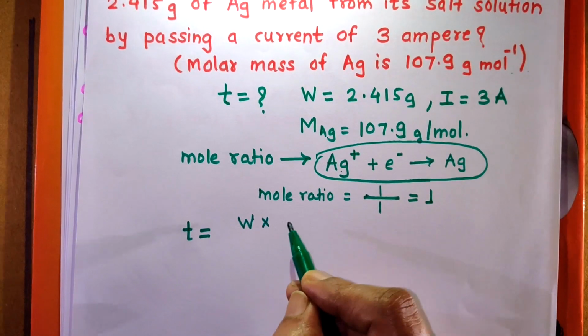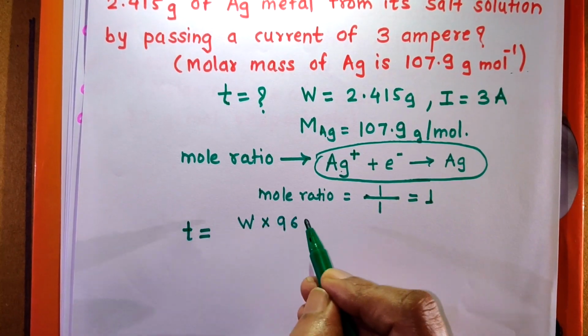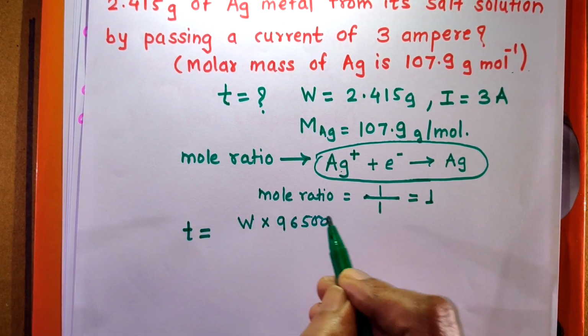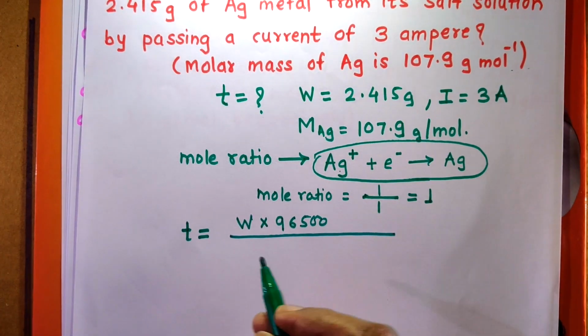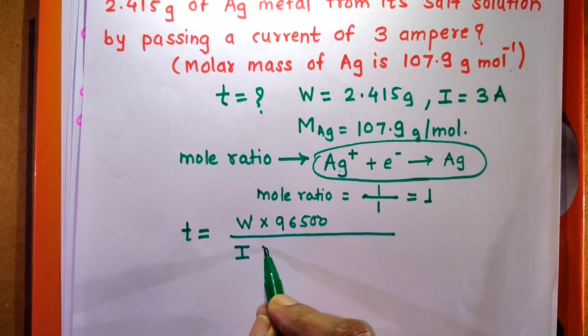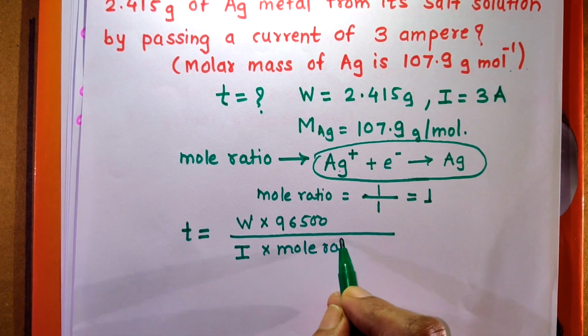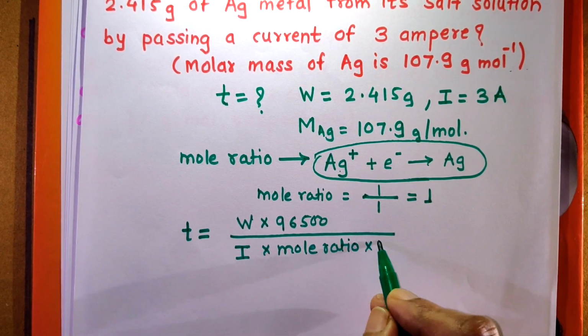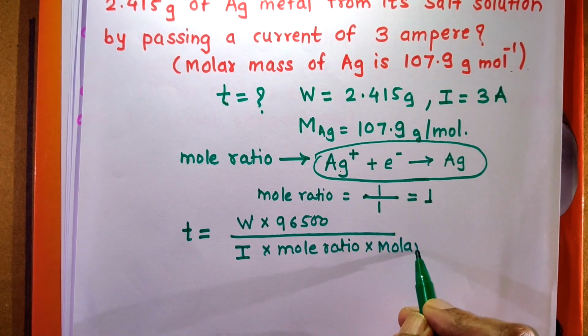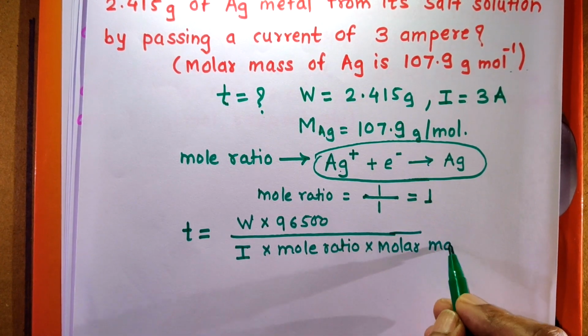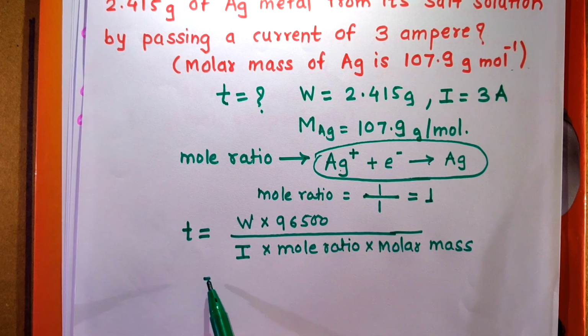T is equal to W into 96500 upon I into mole ratio into molar mass. All these values we know here. W is given.